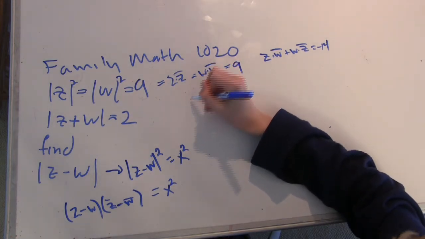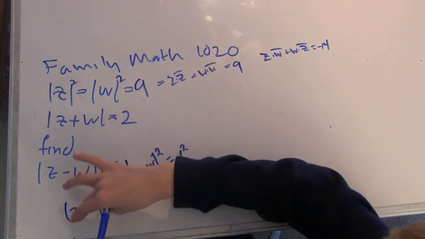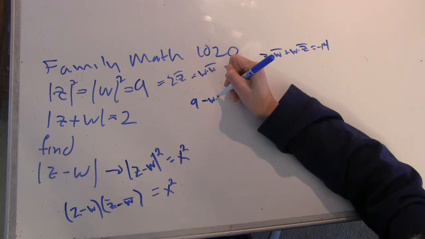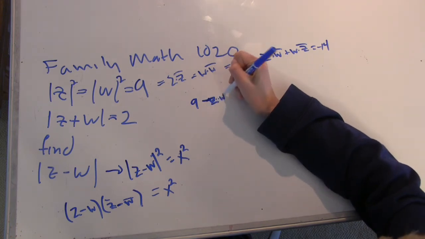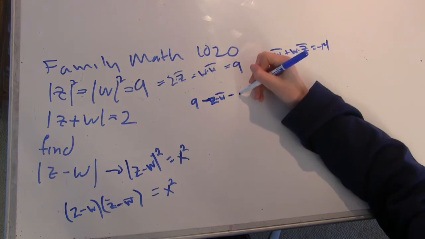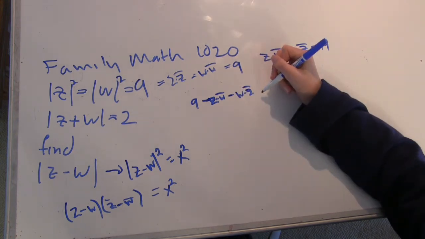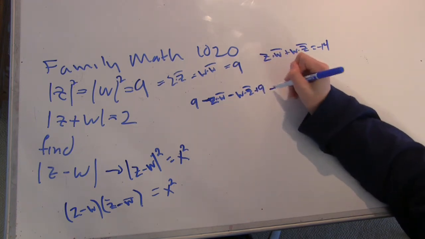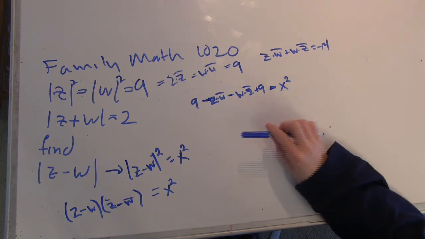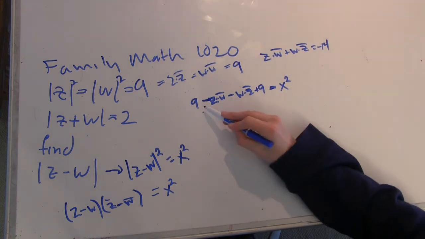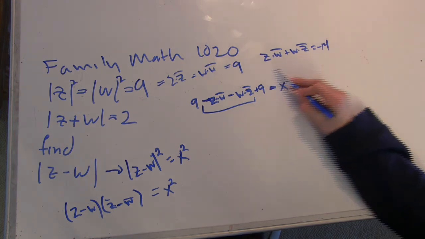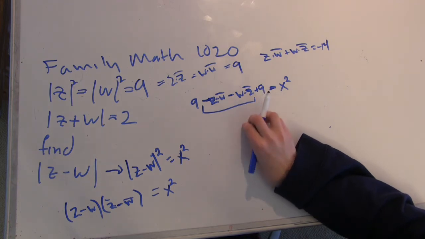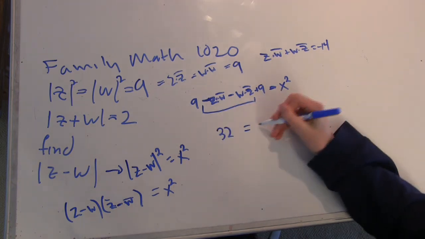Doing this out gets z times z bar, which we know is 9, minus z times w bar, minus w times z bar, plus w times w bar, which we know is 9. And this part in here is the negative of this part up here, so we know that's 14. So 9 plus 14 plus 9 is 32. That's x squared.